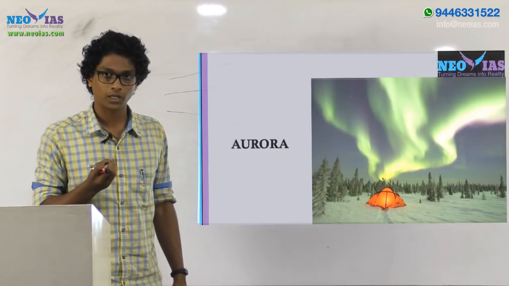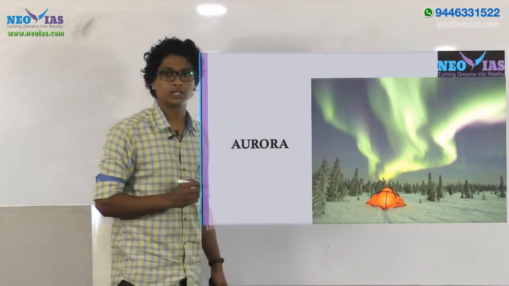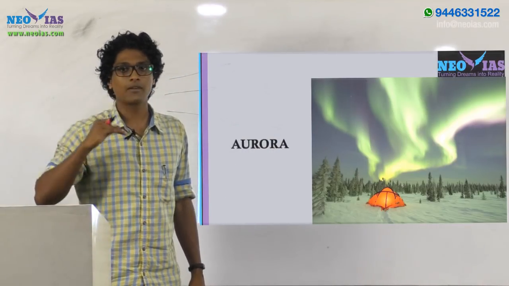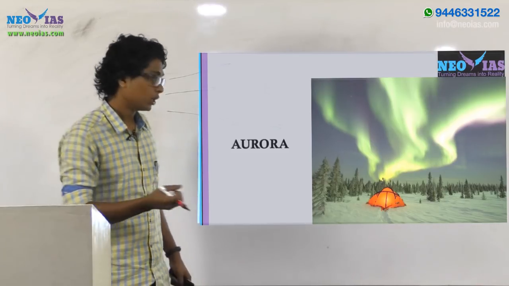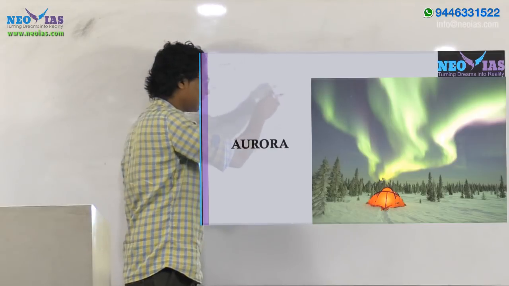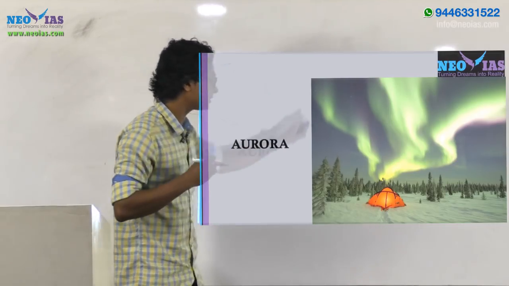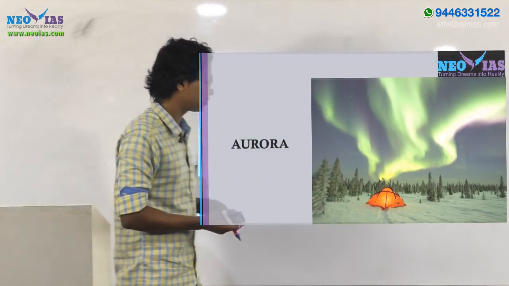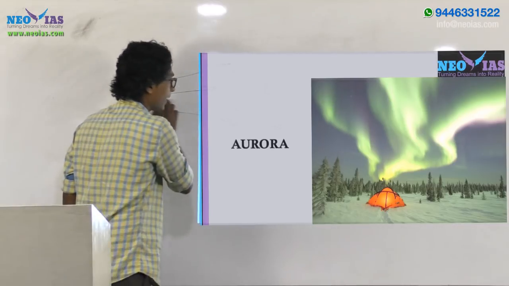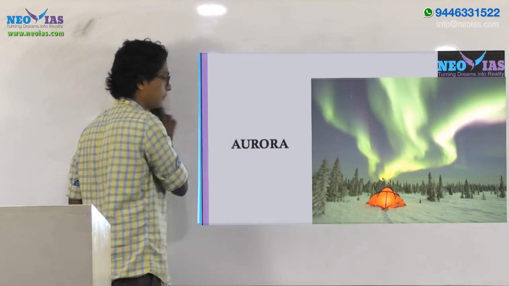These charged particles interact with the ionosphere of the atmosphere. Ionosphere means the region of the atmosphere having more ion concentration. So the charged particles coming from the sun interact with the ions in the ionosphere, and this creates the different colors. Such optical phenomena we call aurora, and this can be seen over both the northern hemisphere and the southern hemisphere.